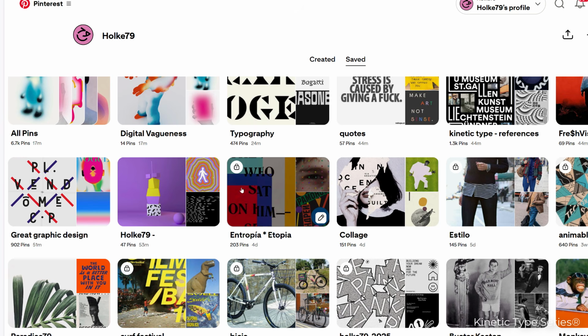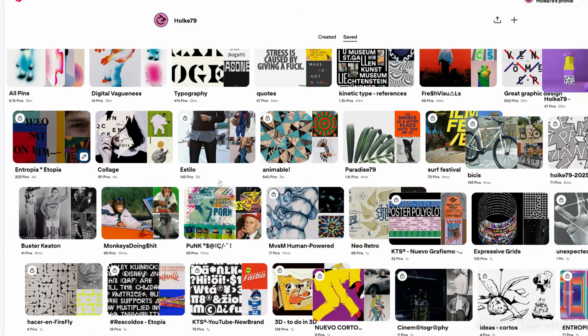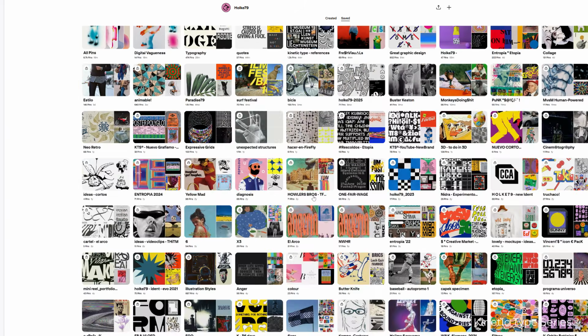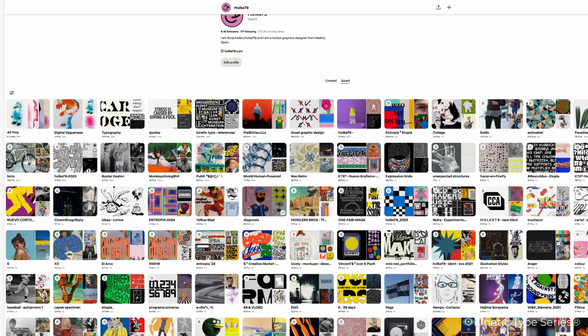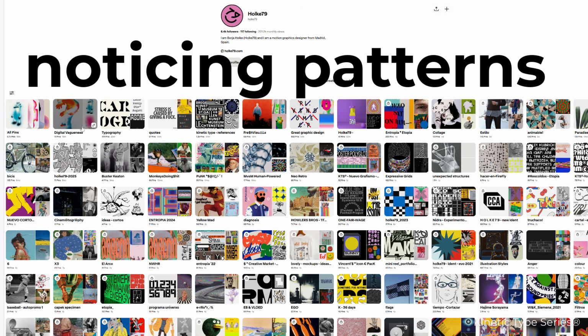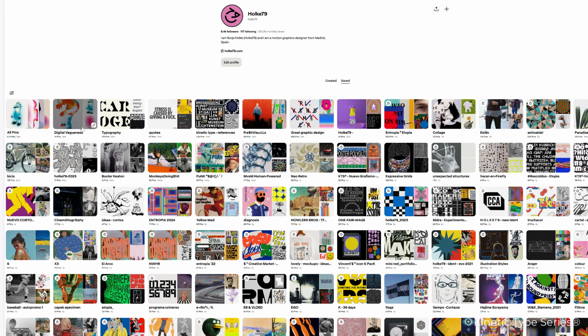So here we are on my Pinterest, and I think I don't need to say that I'm a digital hoarder. But yeah, the important thing is noticing patterns to see where things are going or heading, and also from all those patterns to choose what you like the most.